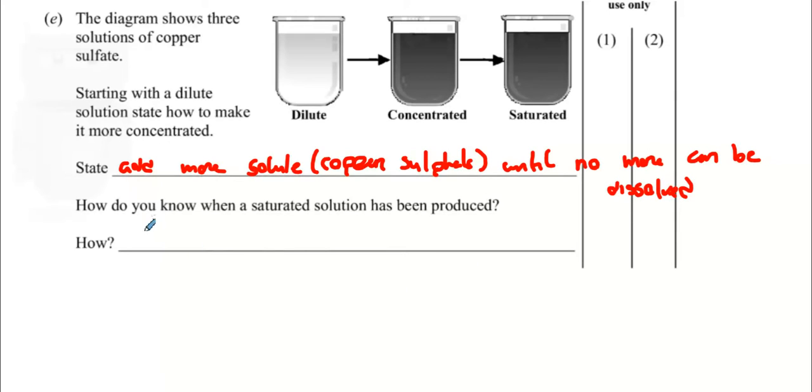Okay, how do you know when a saturated solution has been produced? No more solute or copper sulfate can be dissolved.